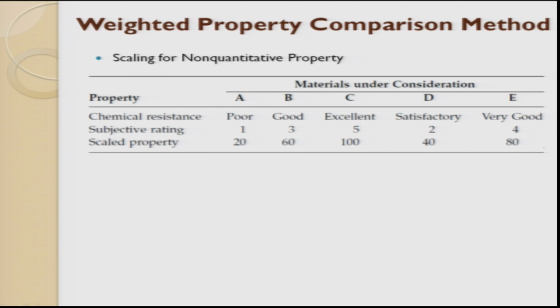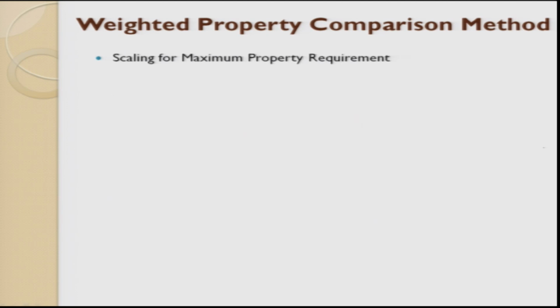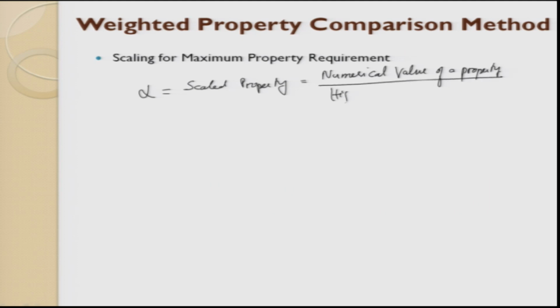So how did we do that? We will look at the maximum property. The maximum property is defined by a term alpha, the scaled property, which is equal to the numerical value of a property divided by the highest value in the same category, multiplied by 100.